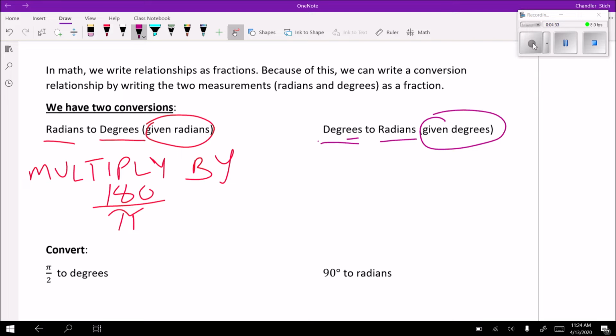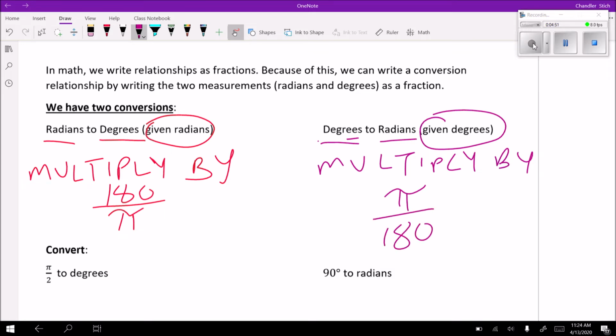So essentially, I'm given a number like 135, and I want to see how many radians that is. We multiply by pi over 180. In this case, you're going to cancel out the degrees. You're going to be left with just the pi, just the radian. Again, you'll see what I mean.